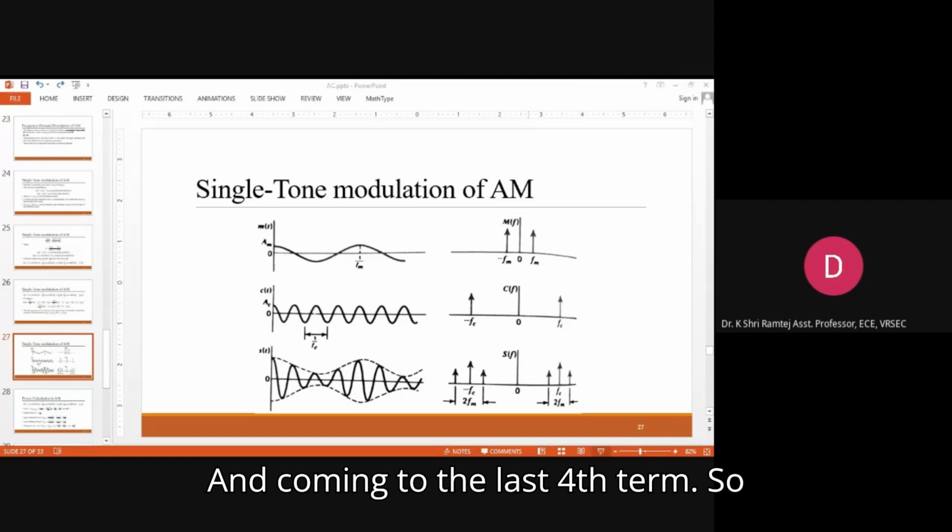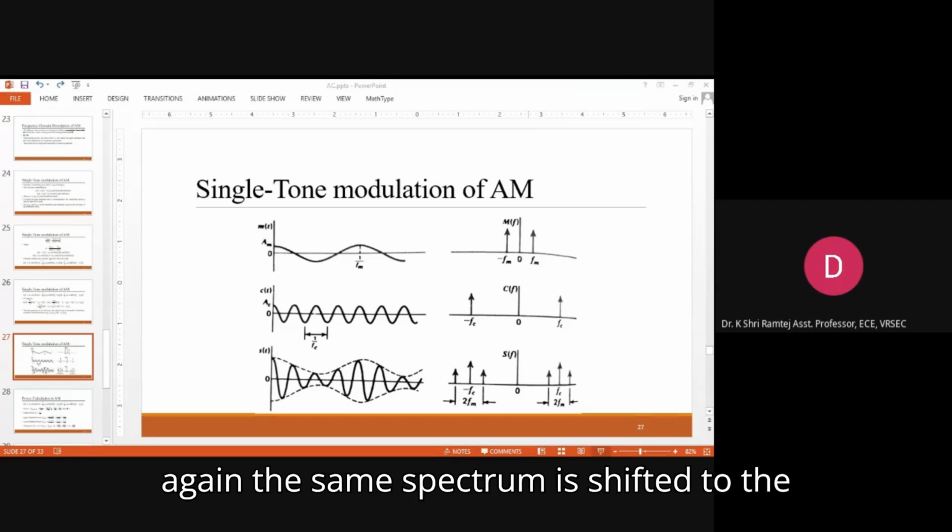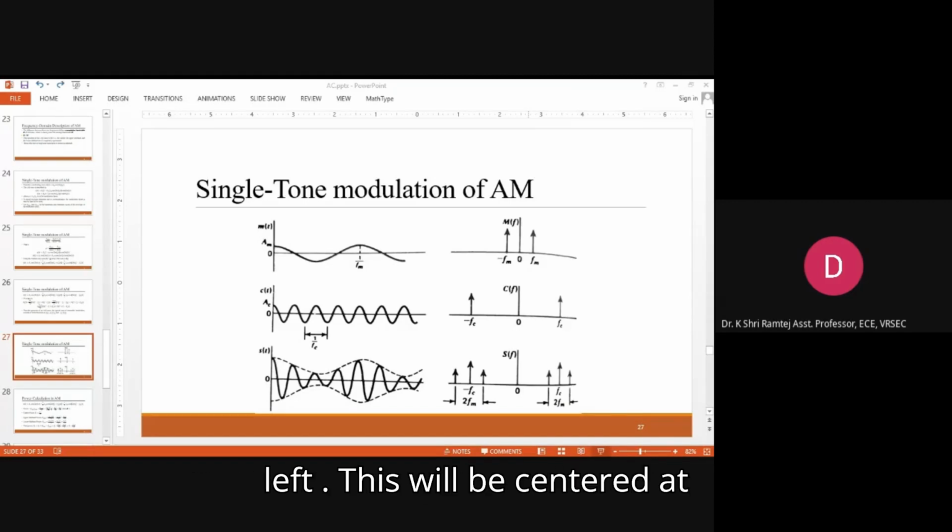Coming to the last, fourth term, again the same spectrum is shifted to the left, so it will be centered at minus fc, and the upper limit becomes minus fc plus fm, and the lower limit becomes minus fc minus fm.